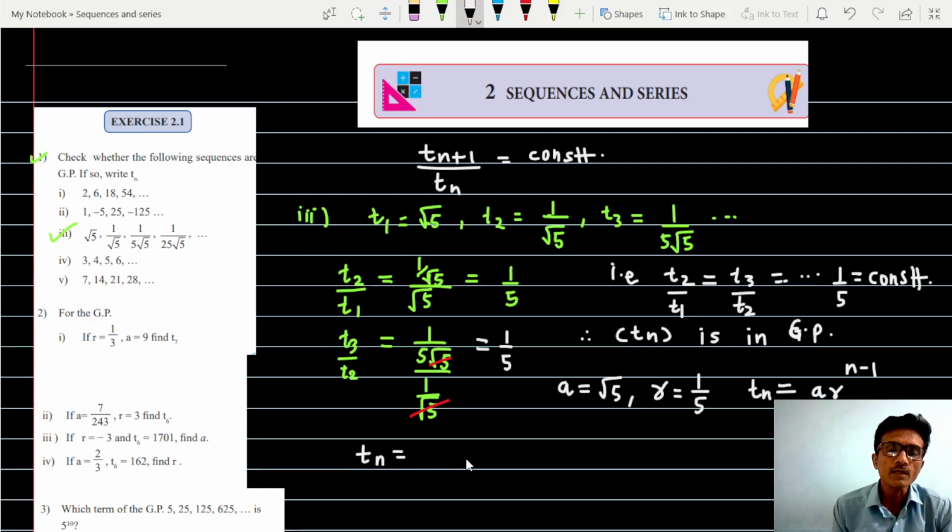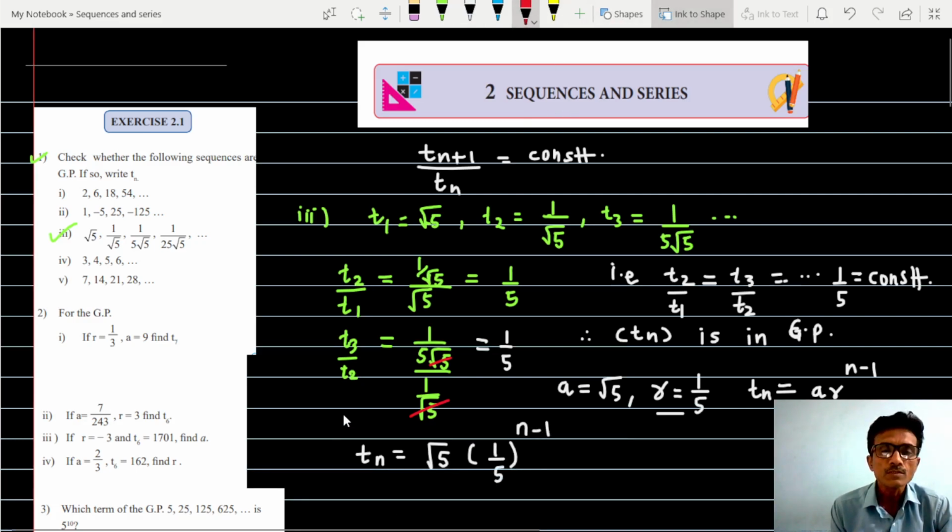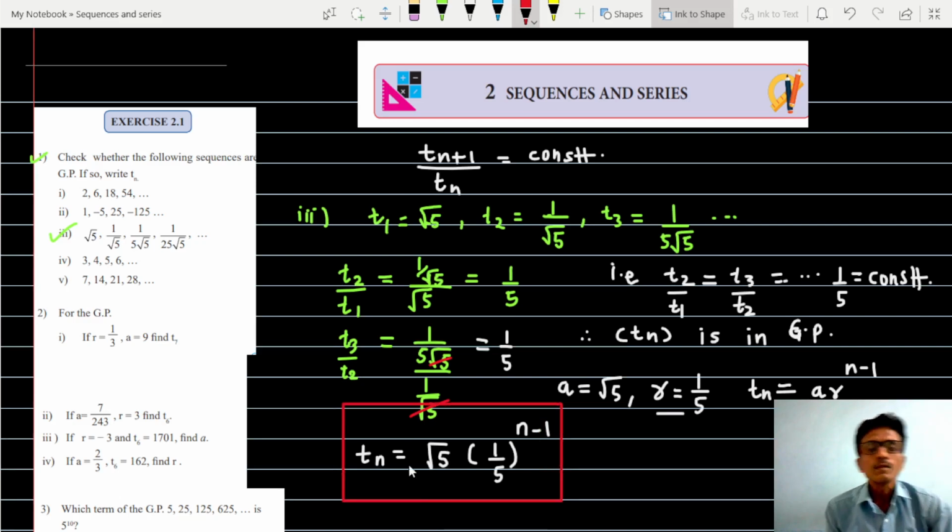A is root 5 and common ratio R is equal to 1 upon 5. So it is root 5 into 1 upon 5 raised to power n minus 1. This will be the nth term of GP.